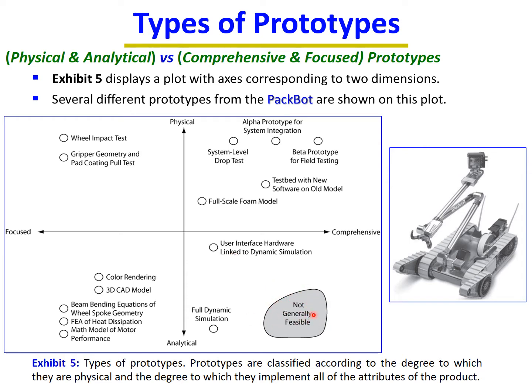If you are down here, you are very close to complete analytical, and comprehensive, showing you everything, is generally not feasible. If it is simulation, it can show you a lot of things that are there in your prototype, but it cannot show you everything, right?